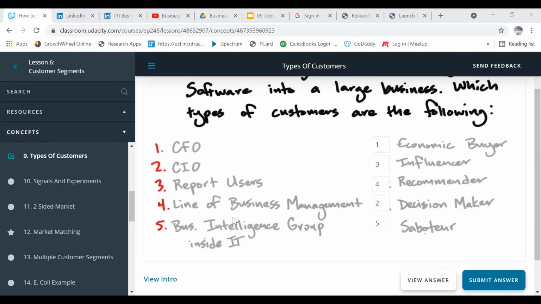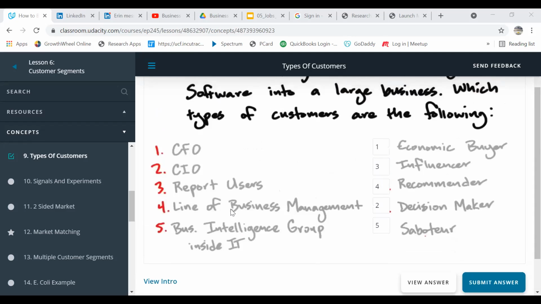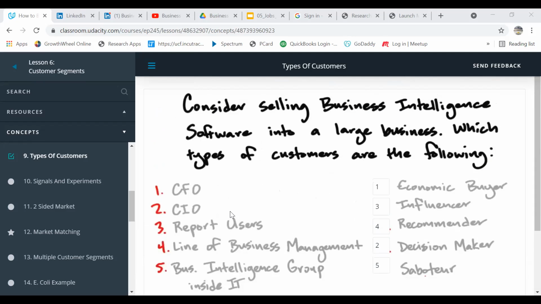You could have a saboteur or saboteurs in the board, individuals. Depending on the industry and the dynamic in your specific marketplace, you may need to go to yet another level in identifying these roles within, say, a board or any other governing structure you're dealing with.